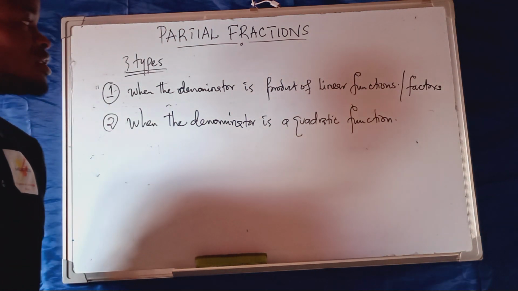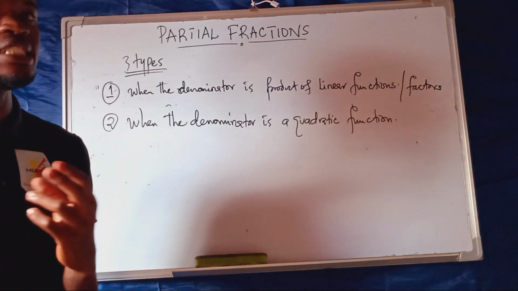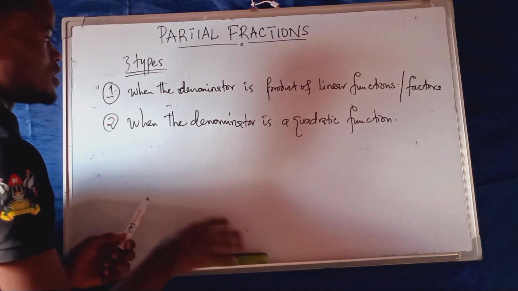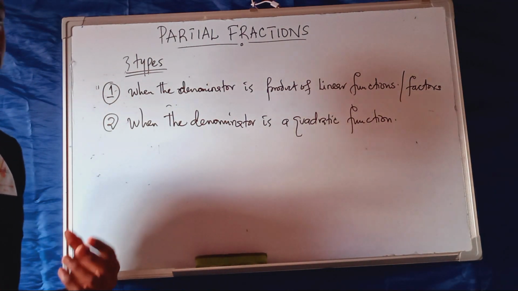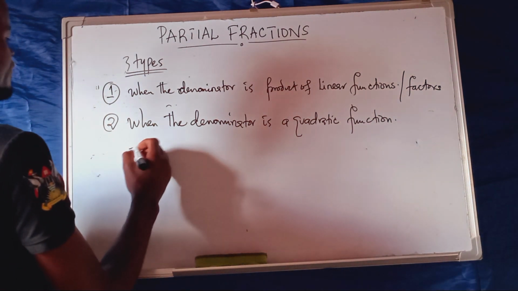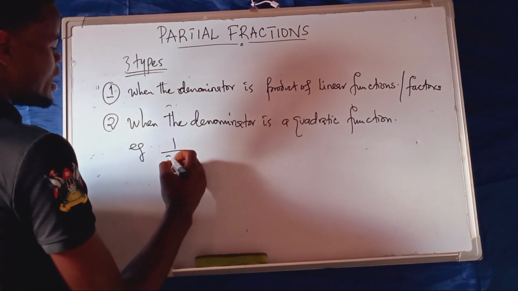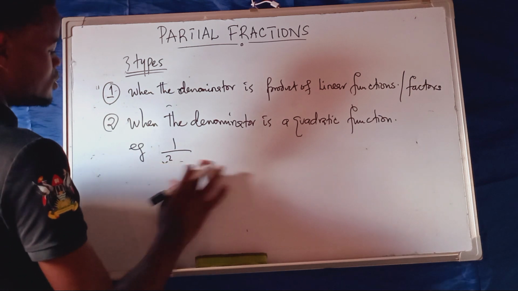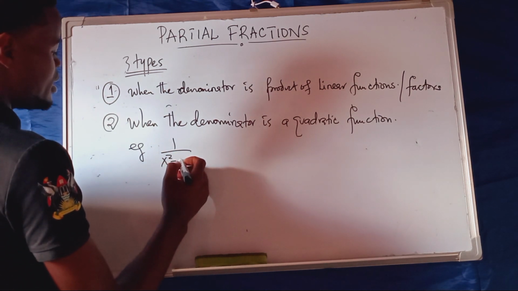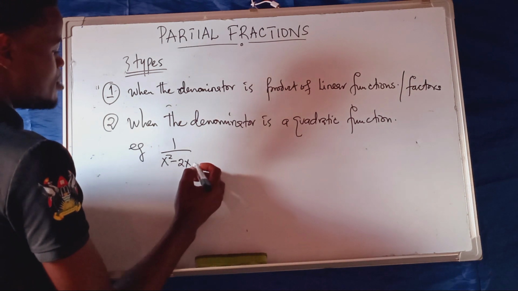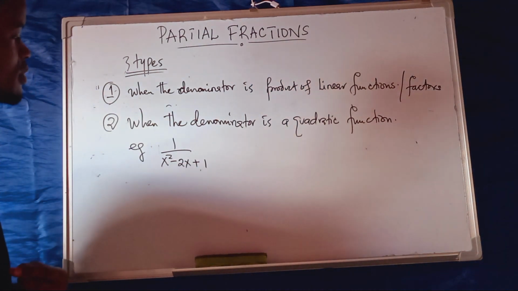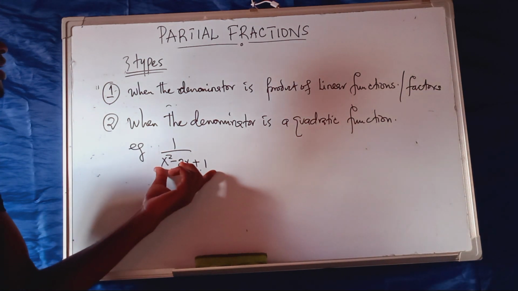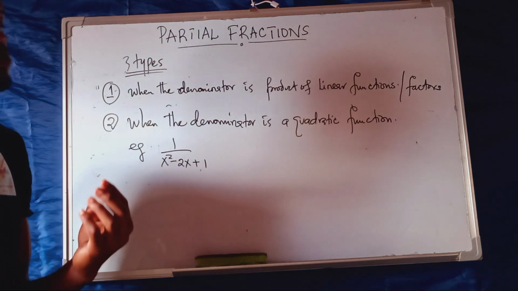We know that some quadratic functions can't be separated easily. So, for example, if I have 1 over x squared minus 2x plus 1, how would I split this fraction?